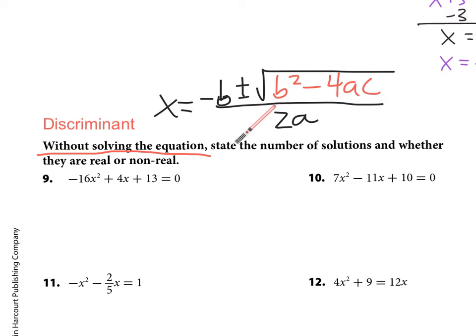So the discriminant is in red. Whatever's underneath the radical is called your discriminant. You'll be able to tell how many solutions there are and whether they're real or non-real by what that discriminant turns out to be. So we're working on number 11 here. I'm going to show you how that works.